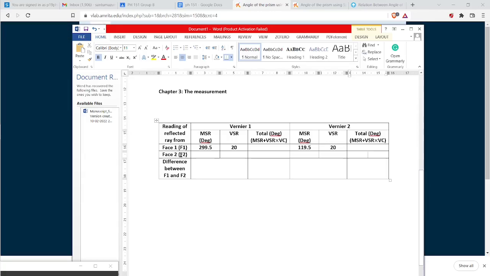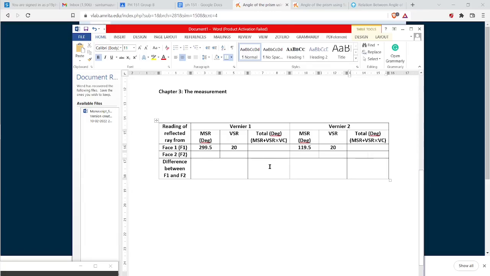Now you have to subtract these values from one phase to another. This is phase 1 to phase 2, F1 minus F2, whichever is larger, you have to subtract it, and you will get the value of the total angle, this total F1 minus F2, this total F1 minus F2.